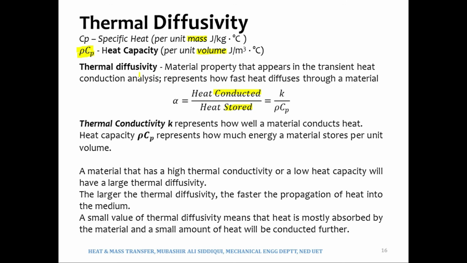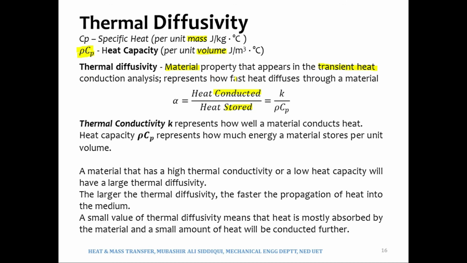So now, thermal diffusivity is a material property. First of all, it is very important that it is a material property. It depends upon the nature of the material, just like the thermal conductivity, and it occurs in transient heat transfer. And what does it mean?